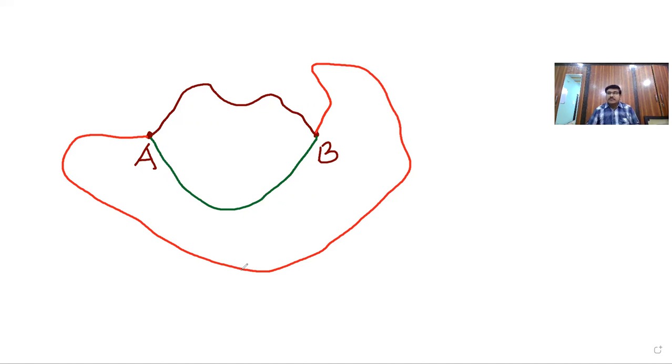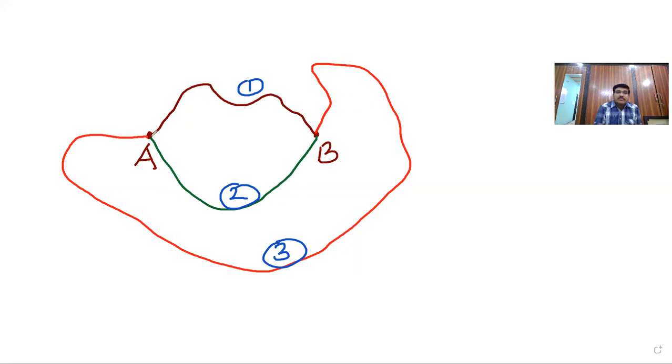That means to reach from A to B positions, we are defining here three ways. The first way is, let us say this. The second path is this. And the third path is this.